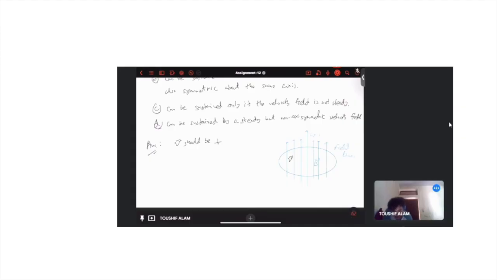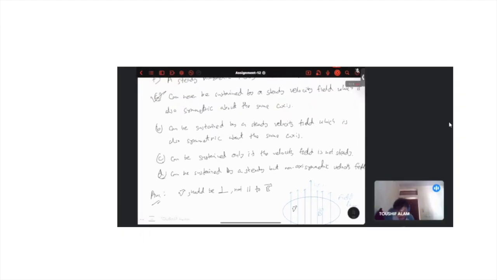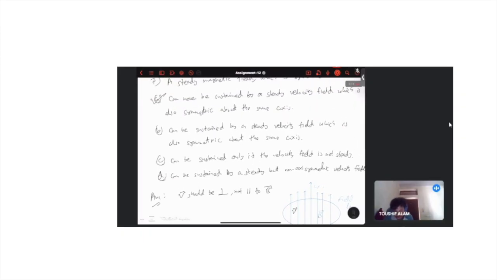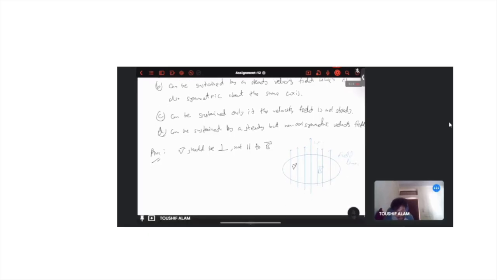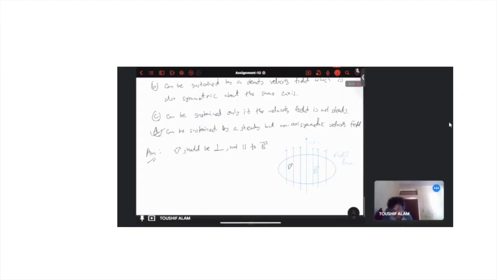V should be parallel, not to B. Okay. Can be sustained by a steady velocity field which is also symmetric. Okay, this is the same. Can be sustained only if the field is not steady, so not this. Can be sustained by a steady but non-axisymmetric velocity field.